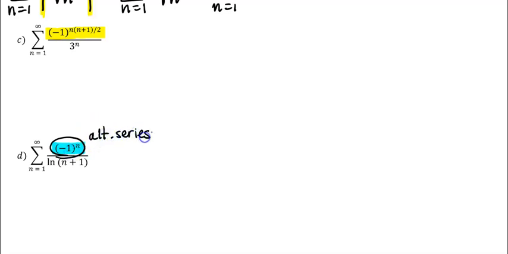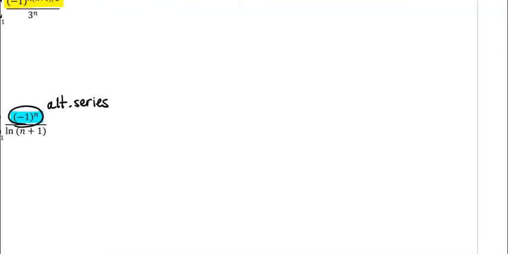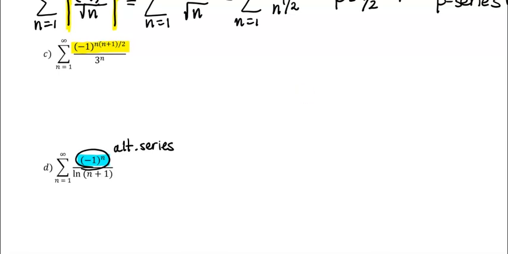I know one term will be positive and I know one term will be negative. Over here in example C, I don't necessarily know that because of this exponent of n times (n+1) divided by 2. We need to check: does it give us even values and then odd values, or does it give us even, odd, odd? So let's take a second to explore the terms of this series to figure out whether or not it even is an alternating series.